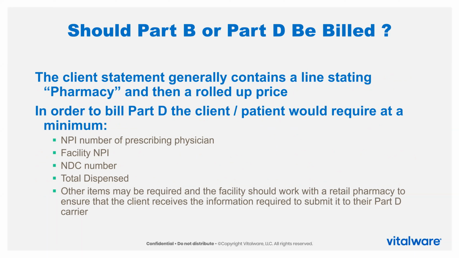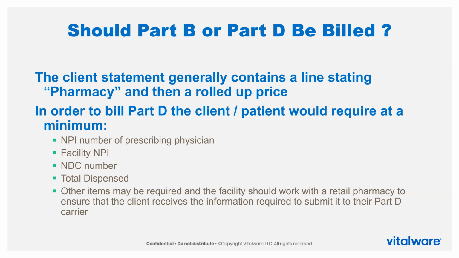What do I need to provide if I want the patient to go to Part D? Well, there's a number of things. At a minimum, they need the NPI number of the prescribing physician, just as if it was a prescription. The facility NPI number, the NDC number of the drug that was dispensed and the total units, and other items may be required, and you have to work with your retail to determine that the client receives all the information.